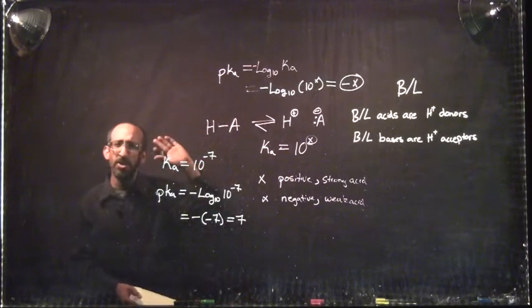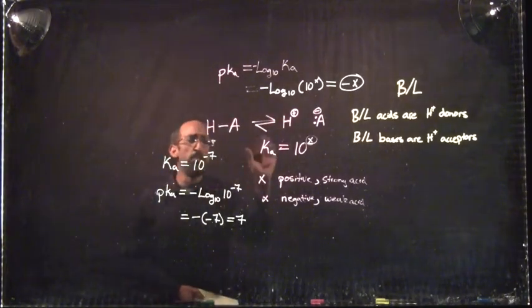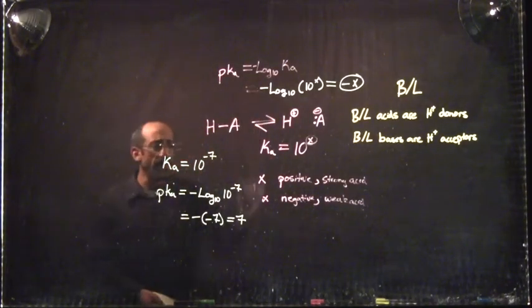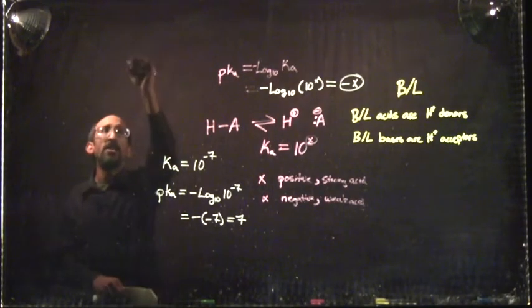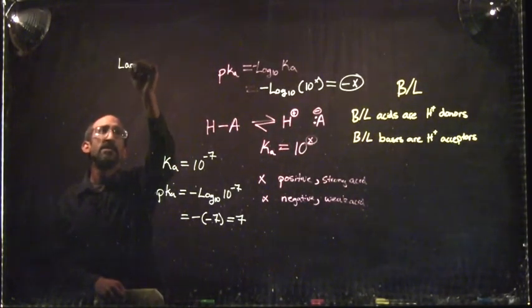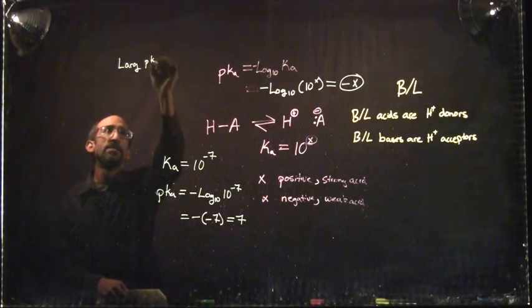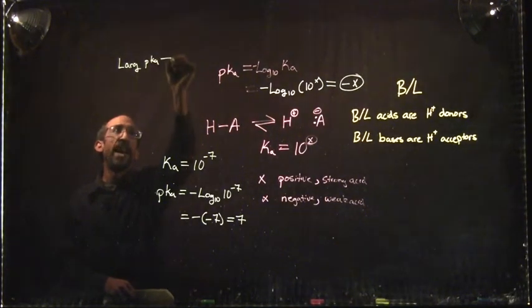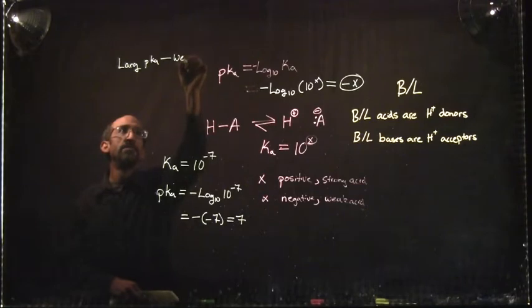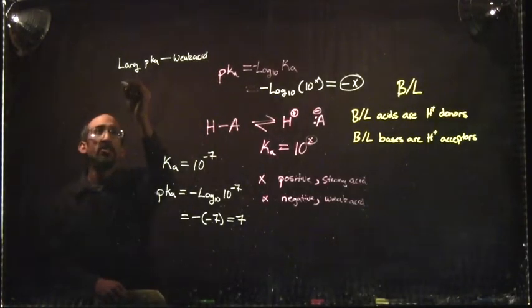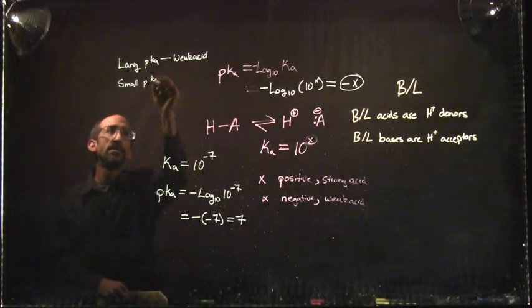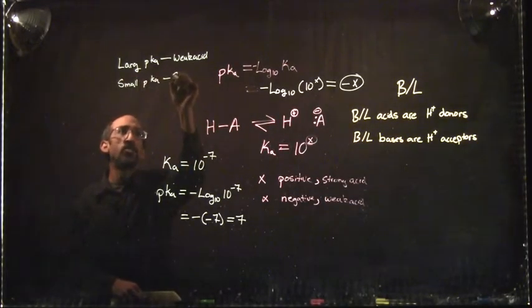And so we have to do this switch in our minds when moving from Ka to pKa, in that a large pKa means that we have a weak acid, and a small pKa means that we have a strong acid.